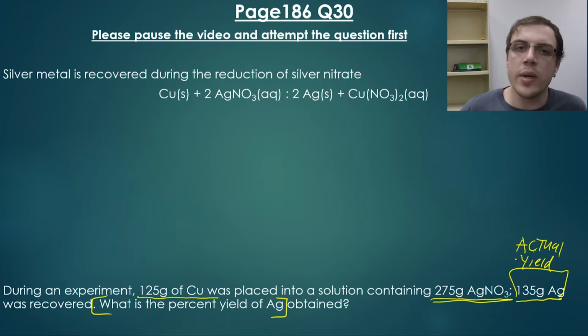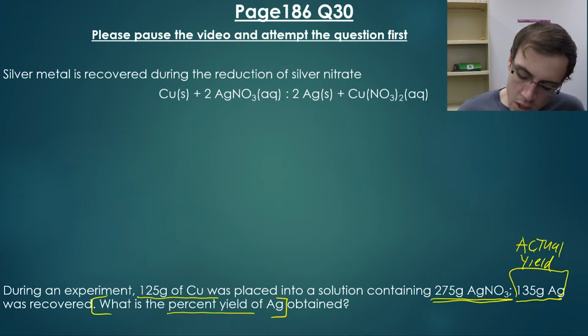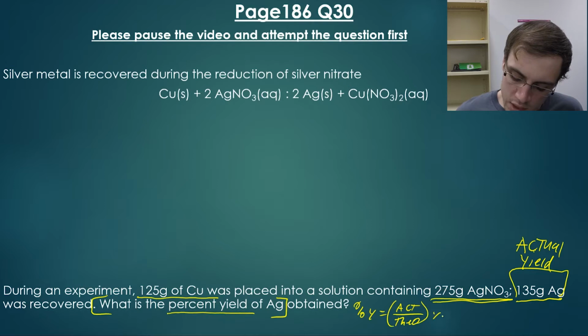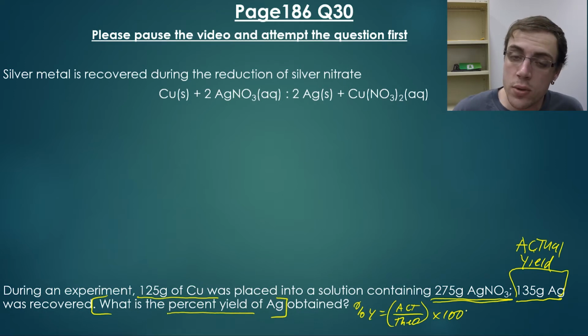So what we need to do is, in order to find the percent yield, remembering that our percent yield is equal to actual over theoretical times 100. So we now need to calculate our theoretical yield in order to get the total percent. So how do we do this?